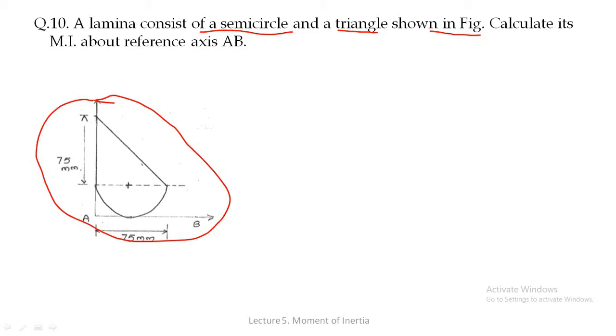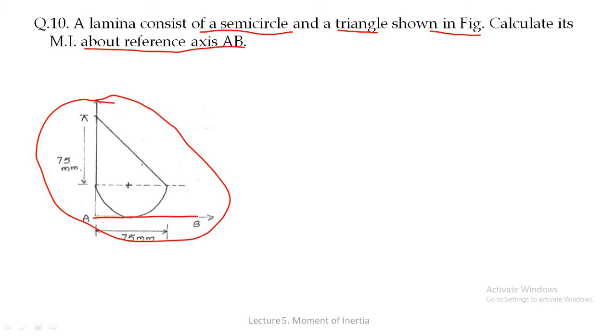So what is given? A lamina consisting of a semicircle and a triangle. You can see here one semicircle and a triangle. What we have to find is the moment of inertia about the reference axis AB. About this axis AB we have to find the moment of inertia.